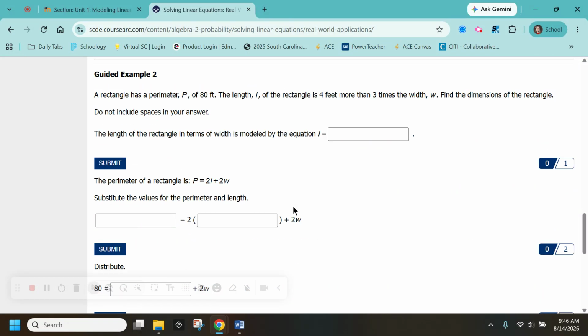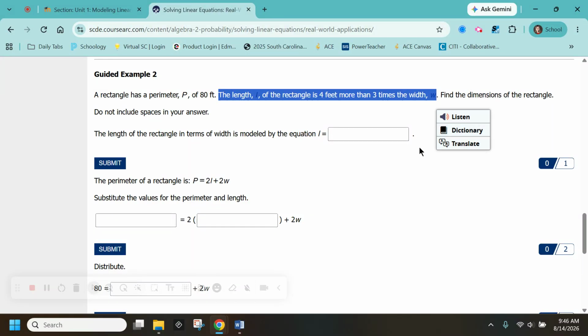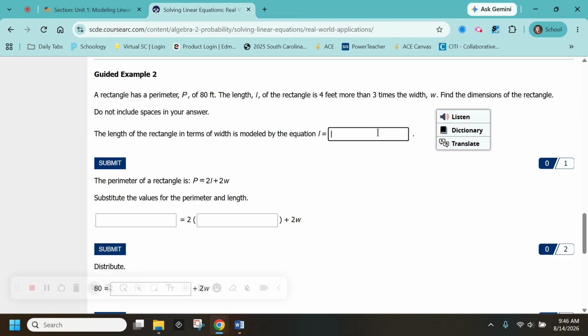Next, we've got an example. We have a rectangle that has a perimeter of 80 feet. The length L of the rectangle is 4 feet more than 3 times the width. So this statement here tells me nothing about the width itself. It says the length of the rectangle is 4 feet more than 3 times the width.